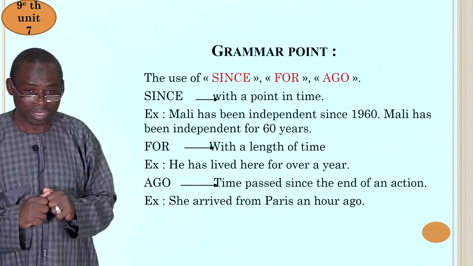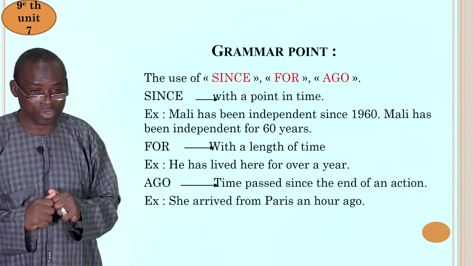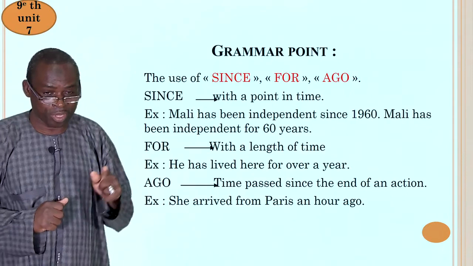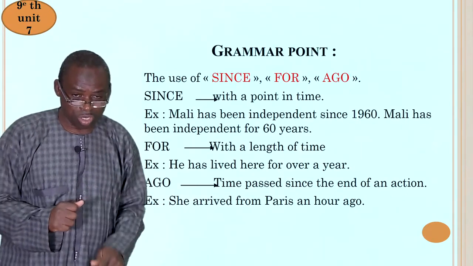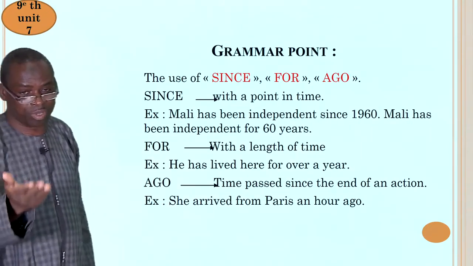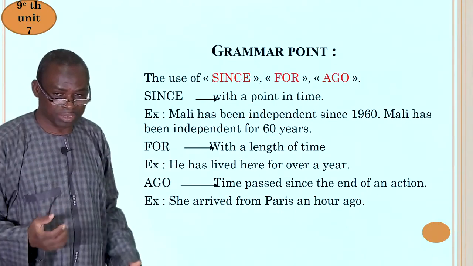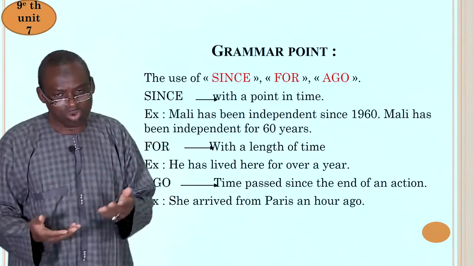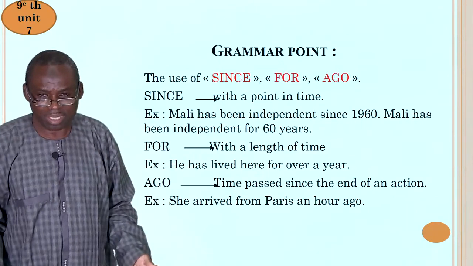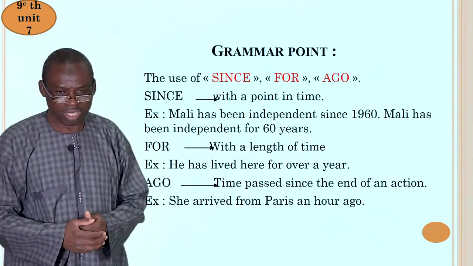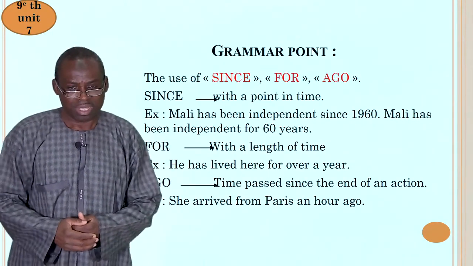Okay? He has lived here for over a year. So, in English, it is in the present perfect. But when you translate it, you will have the present in French. Okay? All right.